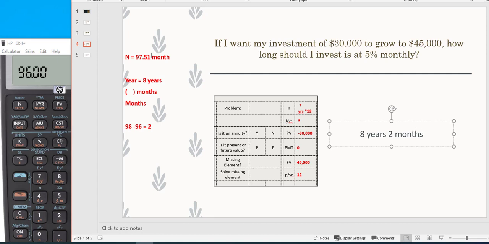So I took the 98 from our N, that's just us rounding that. And then we divide it by 12, that gave us the 8 as a whole number, not rounding that, just taking the whole number. And then taking 8 times 12 gives us 96. And that's your answer.